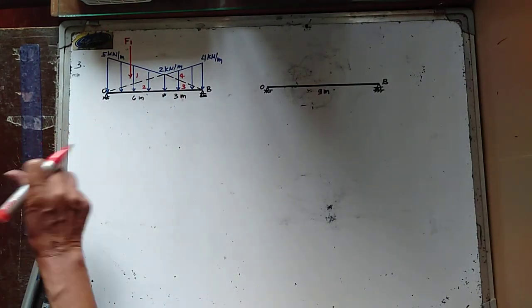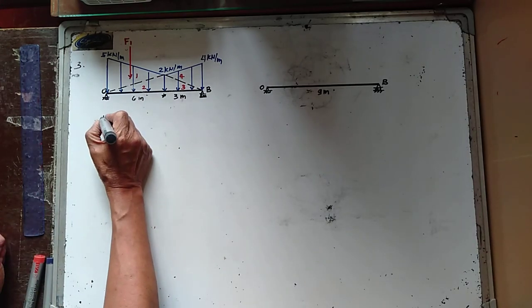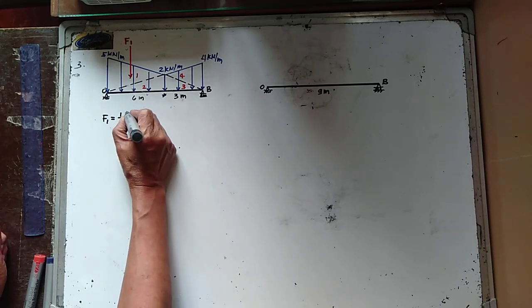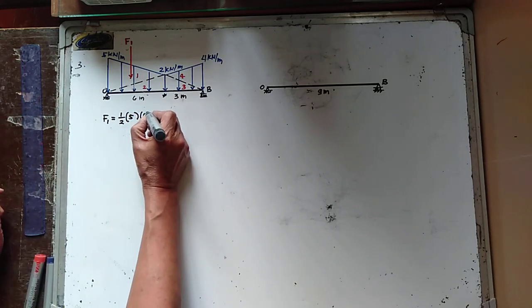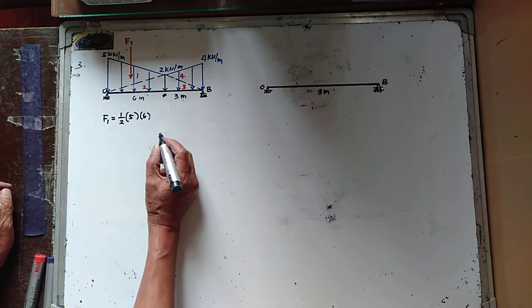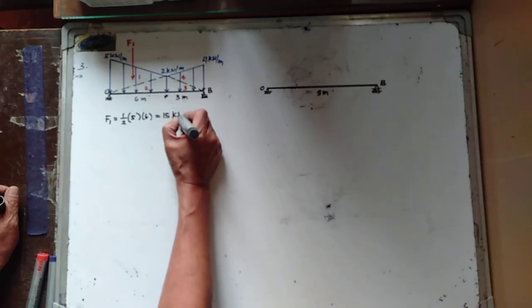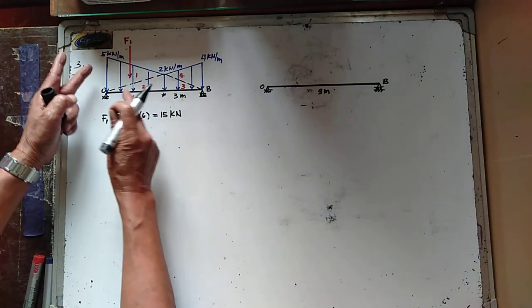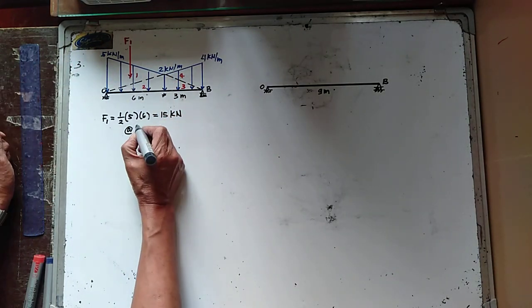So your F sub 1 is equal to the area of the load diagram. And this is equal to 1/2 multiply this one by 5, multiply this one by 6. So that is equal to 15 kilonewtons. And this is now acting at, so this is a triangle. This is 1/3 of 6 and that one is 2/3 of 6.